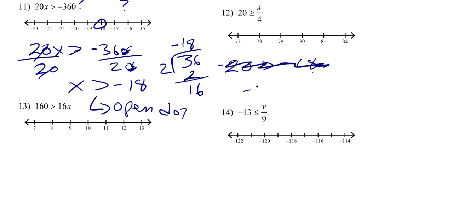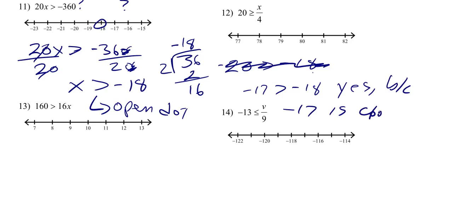What about negative 17? Is that bigger than negative 18? Yes, because negative 17 is closer to 0. So that makes it true. So let's shade in this side over here.